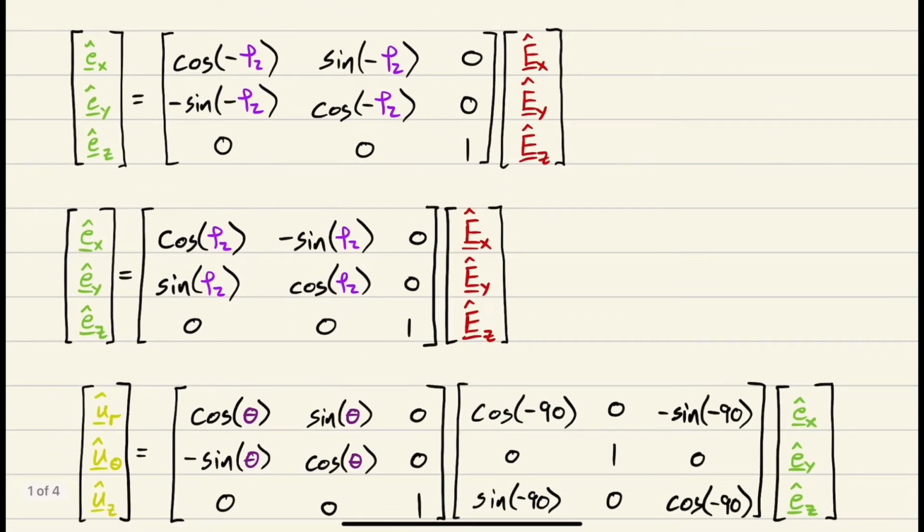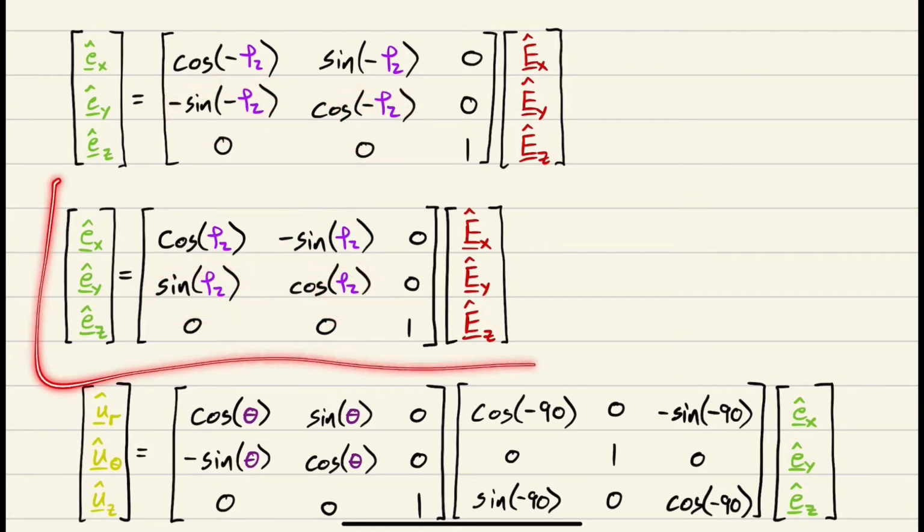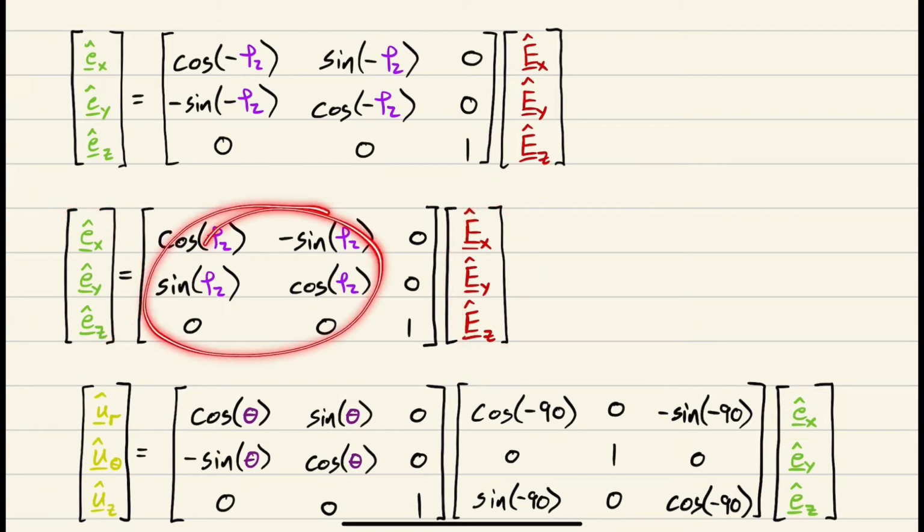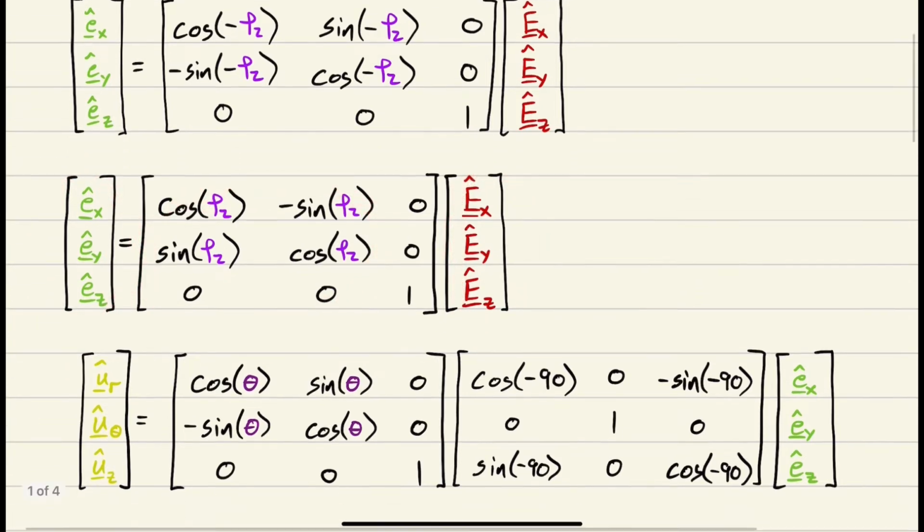Cosine of a negative angle is just cosine of the angle, and sine of a negative angle is negative sine of that angle. And then we did the same thing for these last 2 terms. Okay, so this is our basis from red to green. This is where you were, this is where you were going, and this is our DCM to get us there.